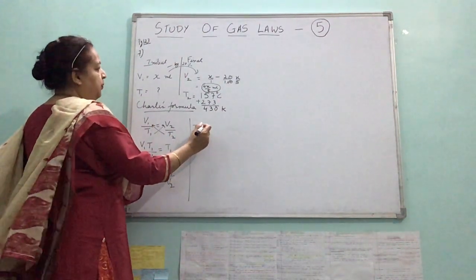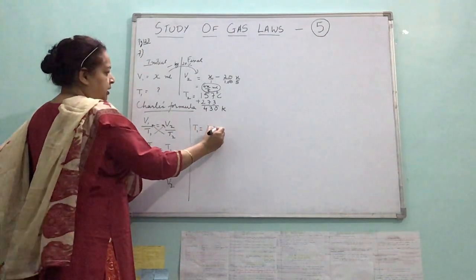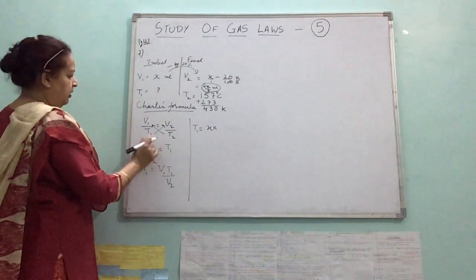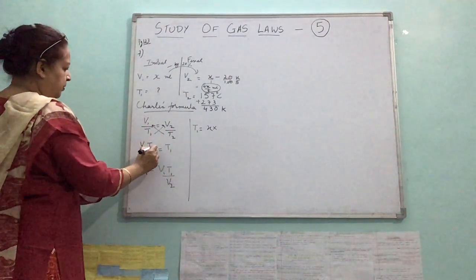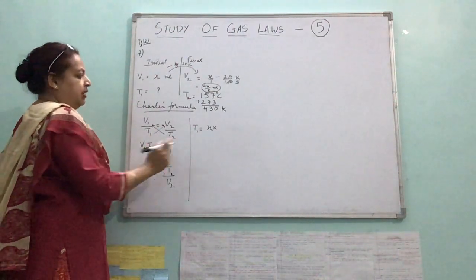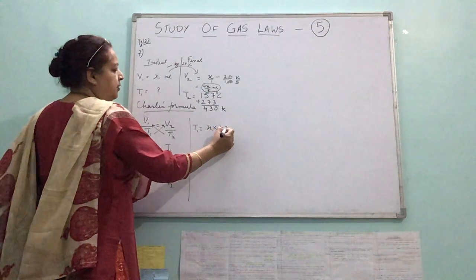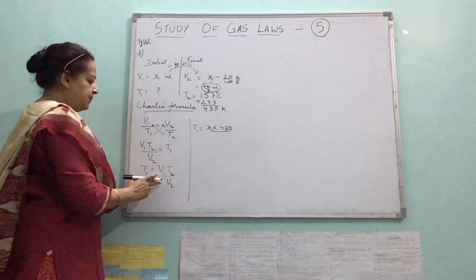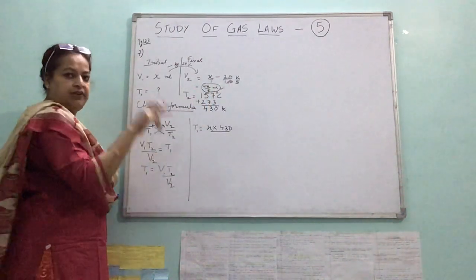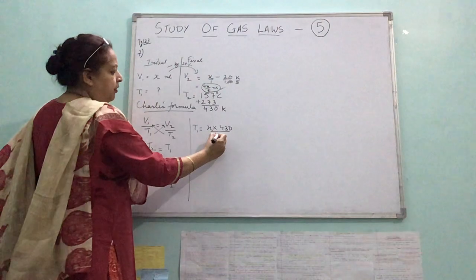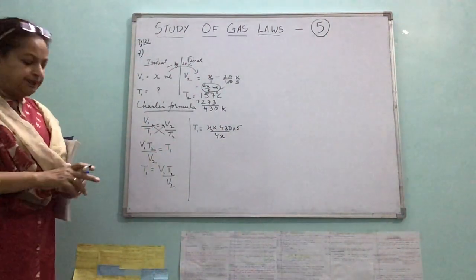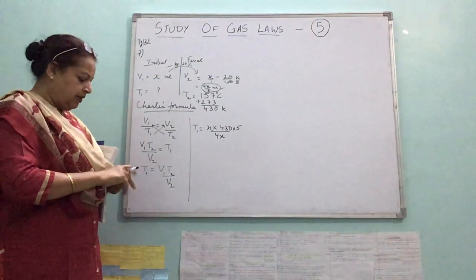T1 would be equal to V1 is X, cross multiply T2 it should be. T2 is 430 and V2 is 4x by 5. So we can take the reciprocal, 4x in the denominator and 5 in the numerator. Alright. Now let's reduce it.